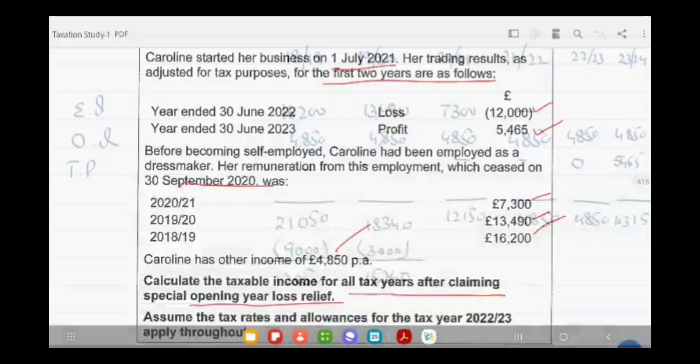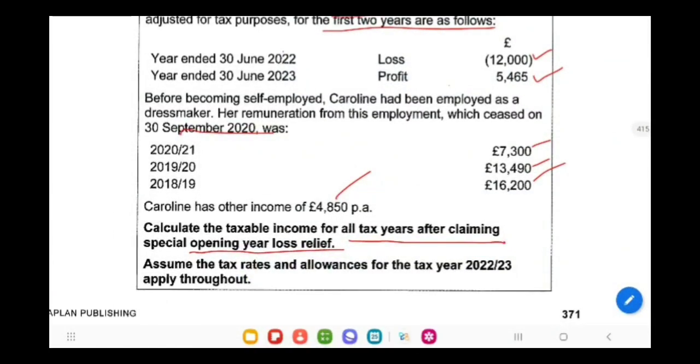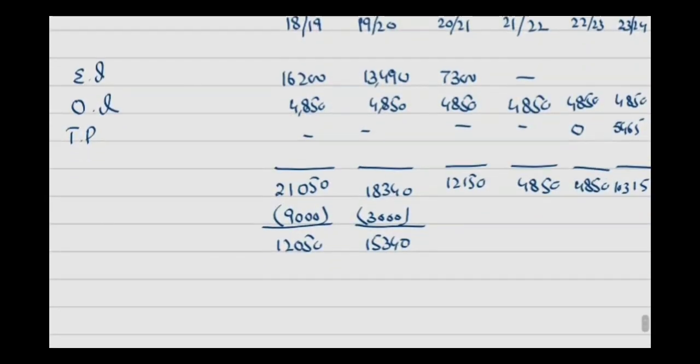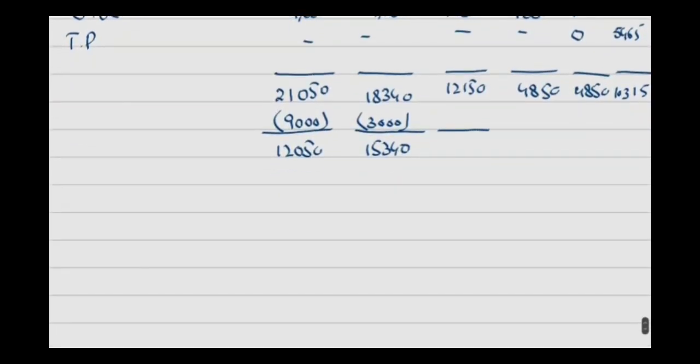Now consider what is the requirement of the question: calculate the taxable income. If you have been asked to calculate the taxable income, it means you have to deduct the personal allowance as well, right? For net income, you calculate up till this point. For taxable income, you have to deduct the personal allowance as well.